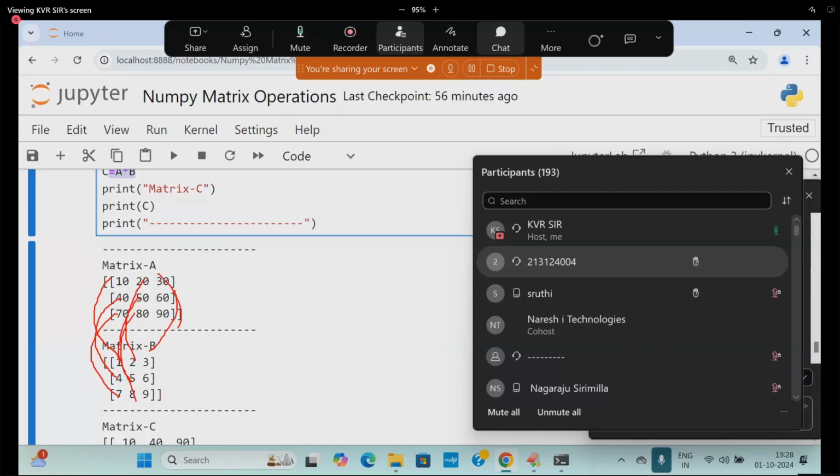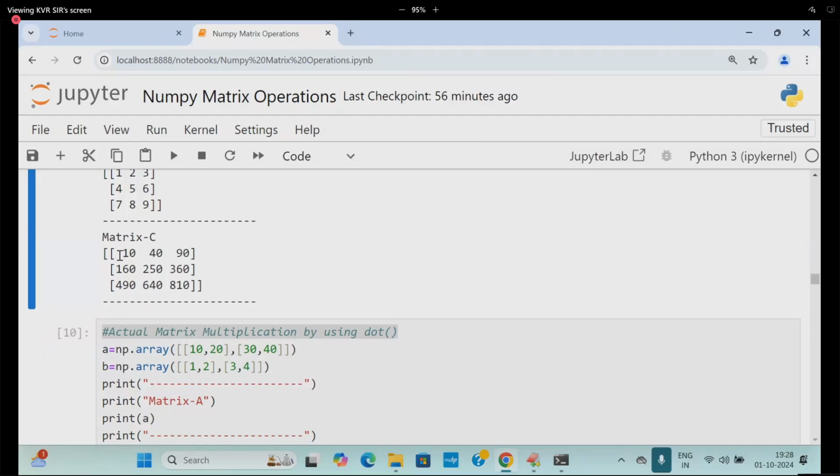This is called element-wise matrix multiplication.